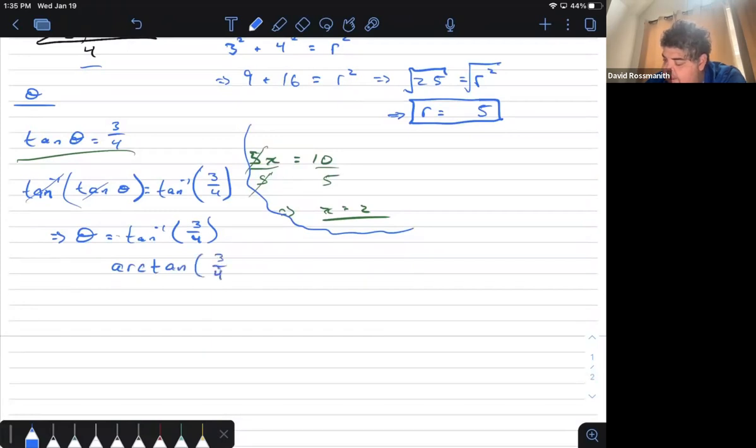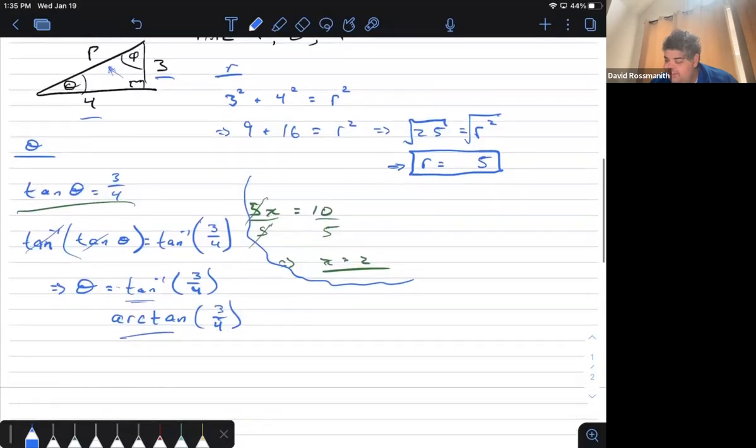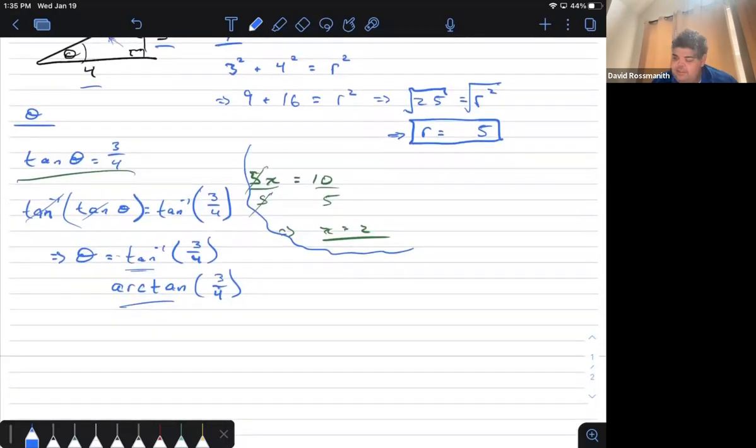They mean the same thing. If you ever see arctangent, it means inverse tangent. Take the inverse tangent of 3 over 4. I think it turns out something like 36 maybe. I forget what the actual answer is, but something like that. But that's how you get it.